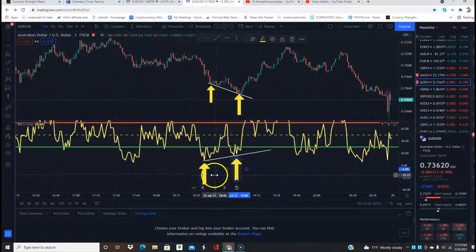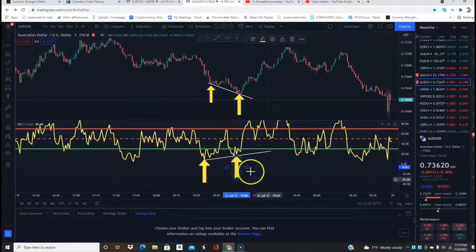Here on the RSI is telling us that we created a lower low here and a higher low here. This is that divergence. Price action is telling us something different than what the RSI indicator is telling us currently.